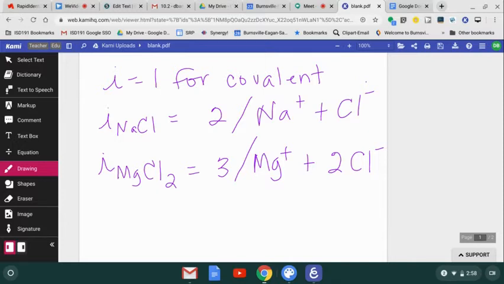Sodium chloride would dissociate into 1 sodium and 1 chloride for a total of 2 ions per mole of solution. Magnesium chloride is going to dissociate into 1 magnesium ion and 2 chloride ions for a total of 3. So i would be equal to 3 for MgCl2.